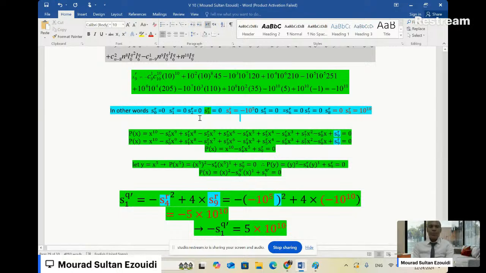Therefore, the value of S9, learners, is negative 10 raised to the power 10. Therefore, all the coefficients are equal to 0 except S1, S4 and S9. I will put this.